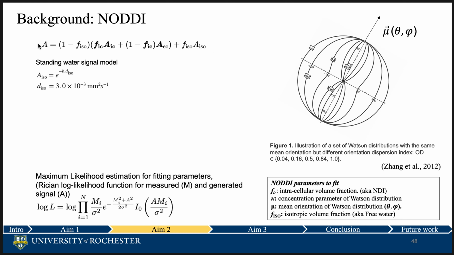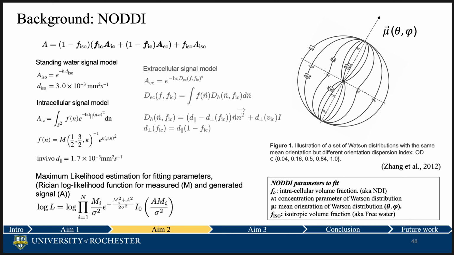And these different compartments have some intrinsic diffusivity constants defined with them, which in general for free water is 3.0, for intracellular water 1.7, and for extracellular water it's related to the D parallel here. And we actually optimize our signal based on this function over here. So basically this function has two primary variables.